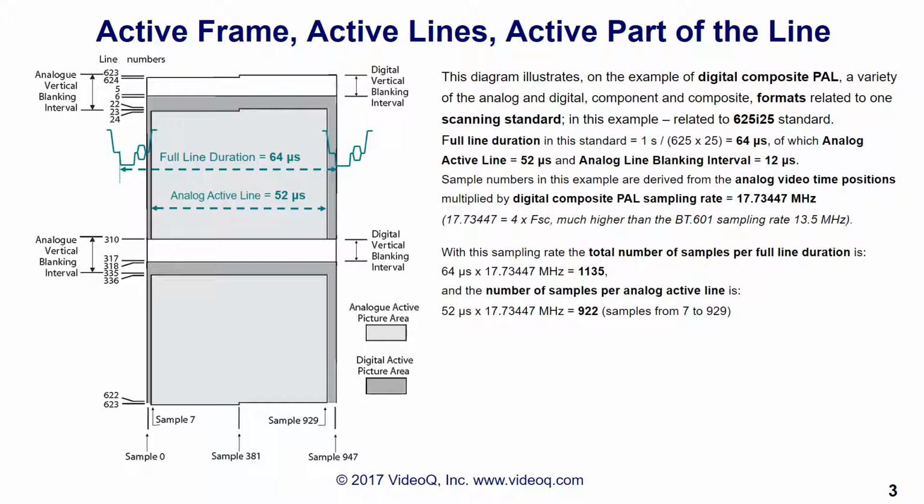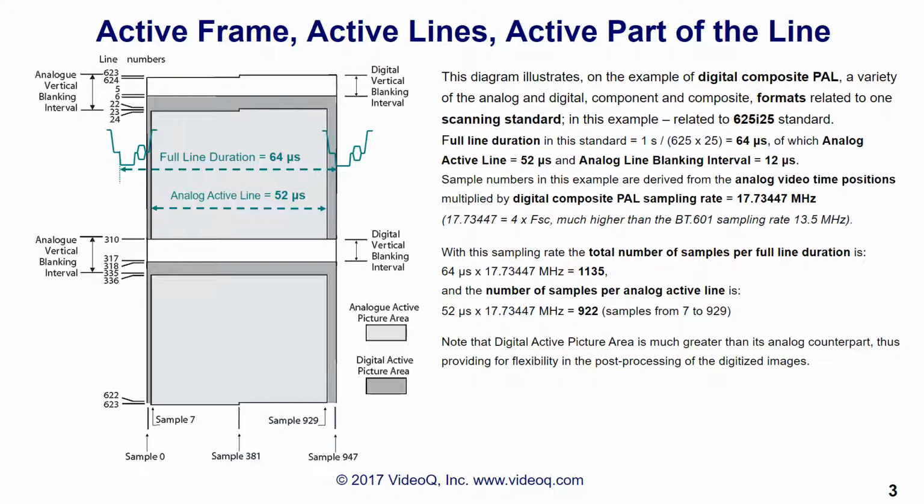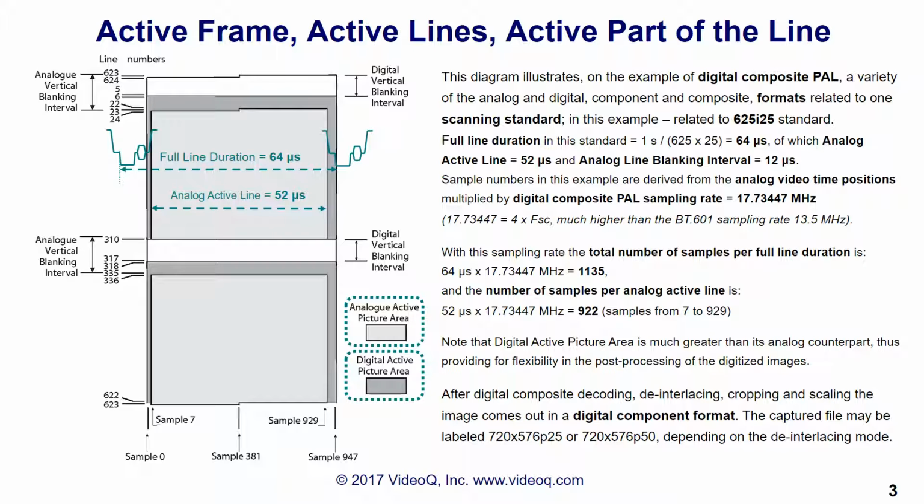It's very important to locate correctly the two digital active picture areas, which will be later combined into one deinterlaced active frame and scaled to the desired digital component format, such as 720 by 576 P25 or 720 by 576 P50.